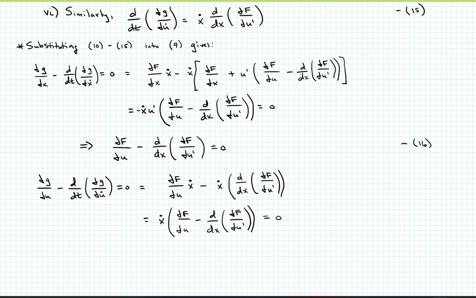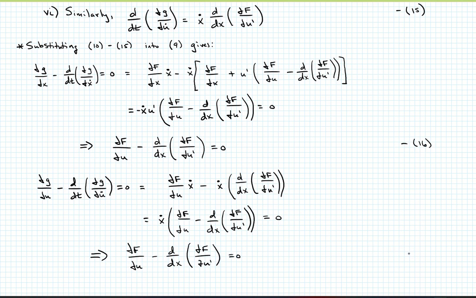So either x dot is equal to 0, again, which is a trivial solution, or this thing in parentheses is. And so it, in fact, also leads to the Euler-Lagrange equation, which is partial of f with respect to u minus d by dx of partial of f with respect to u prime equals 0.